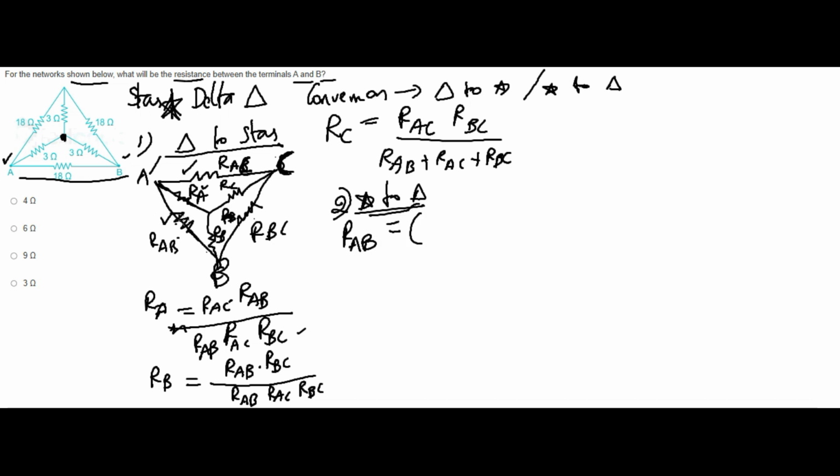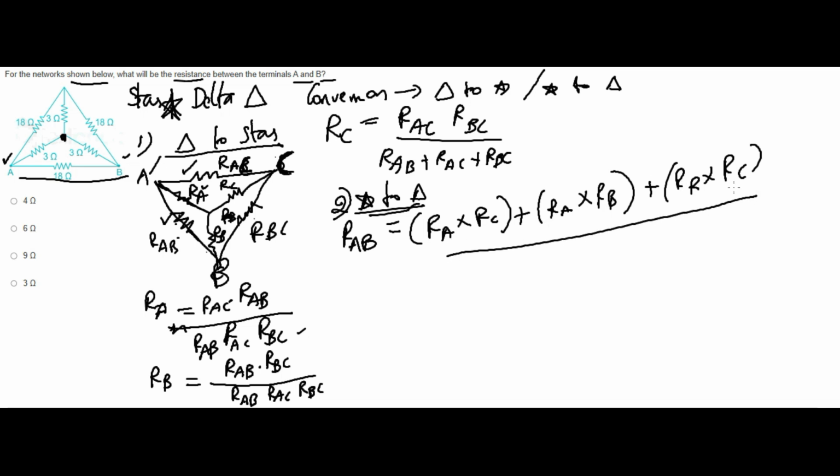RAB is equal to RA times RC plus RA times RB plus RB times RC, like a simple AB, BC, AC. Listen here, who and all are available? A and B are available. So except A and B, only C is pending. So you have to write RC here.